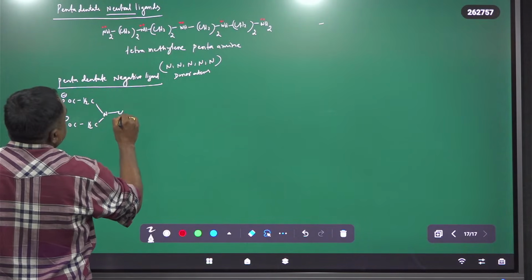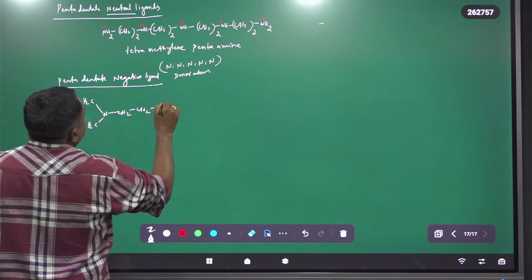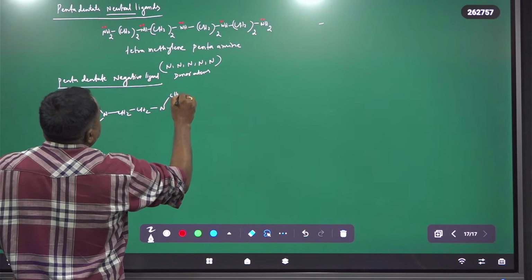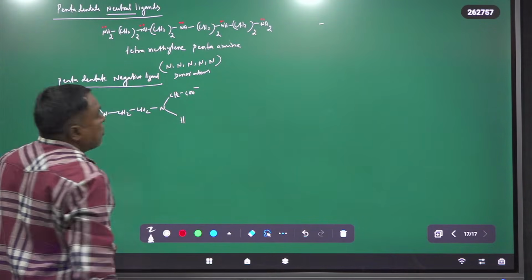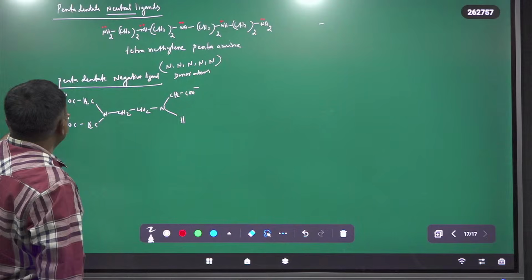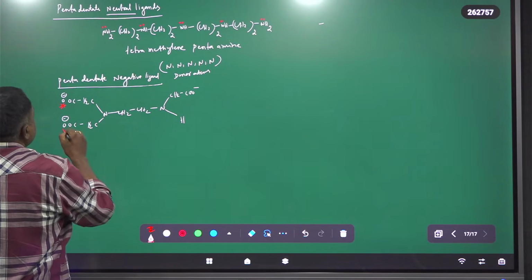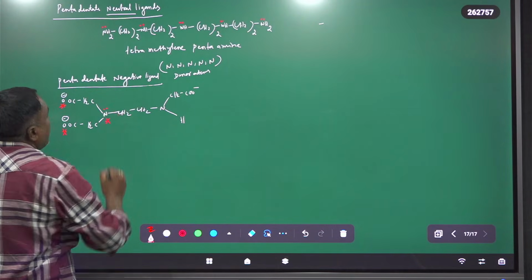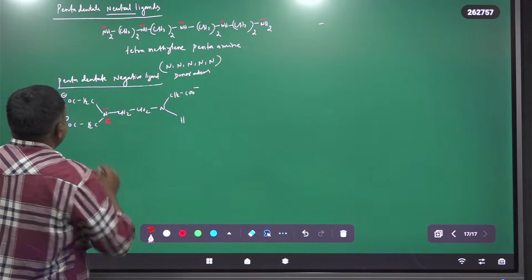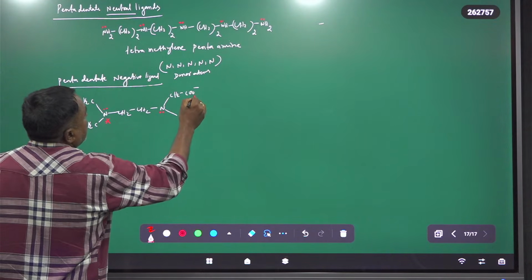And this is the CH2, this is the CH2 N CH2 COO minus. And this is attached to what now? Hydrogen. So one is the donor site. This is the donor site, and this is also another donor site. This nitrogen has one electron pair acting as a donor site. 1, 2, 3. This is the 4th one, and this is the 5th one.